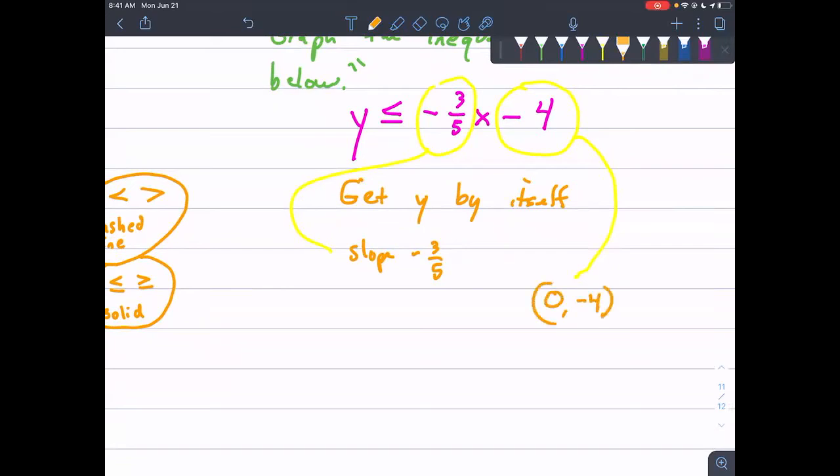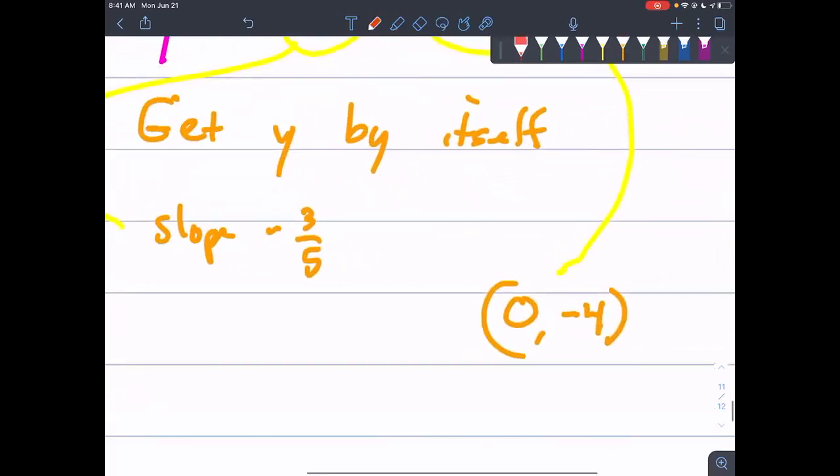So if you're graphing this, you'll start at the 0, -4, and then you would rise how much? You could go down 3, right? And then right or left? To the right 5. Okay, great. So with the slope, this is your rise.